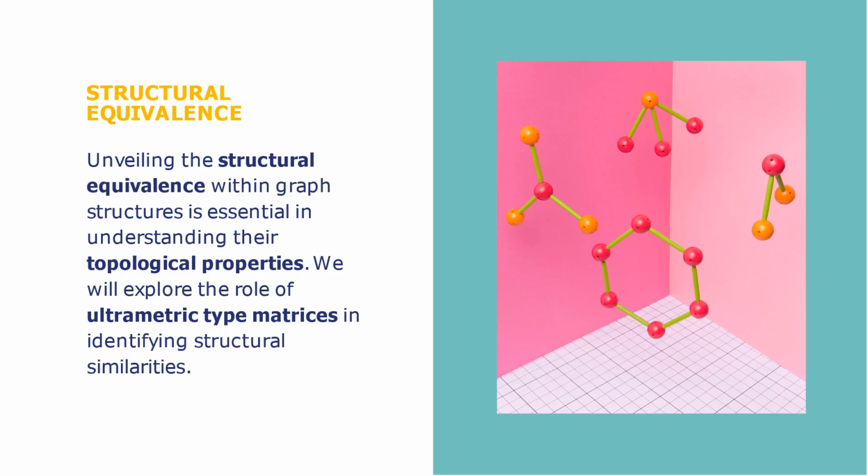Structural equivalence. Unveiling the structural equivalence within graph structures is essential in understanding their topological properties. We will explore the role of ultrametric type matrices in identifying structural similarities.